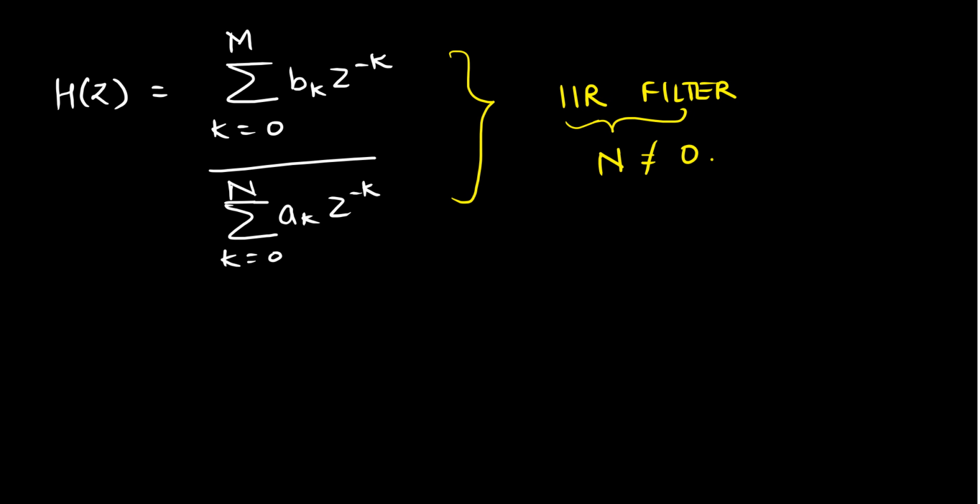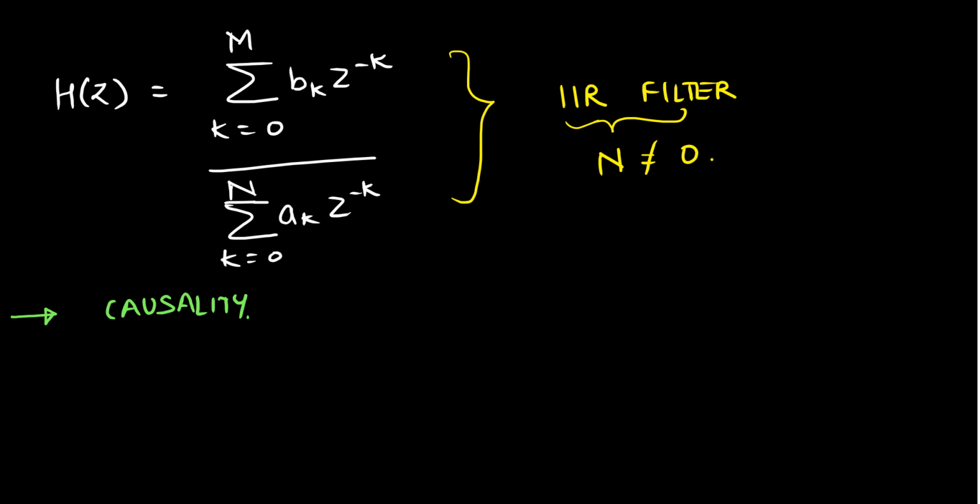The first one which we will look at is the causality. In lecture 1 of module 2, we have seen that any system is causal if the number of poles is greater than or equal to the number of zeros in its z transform.